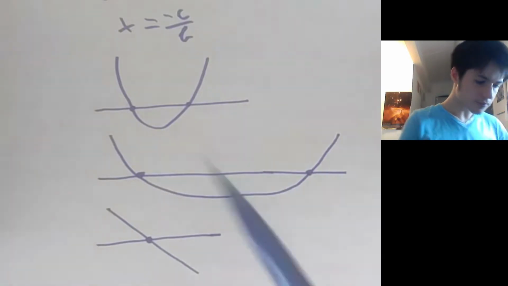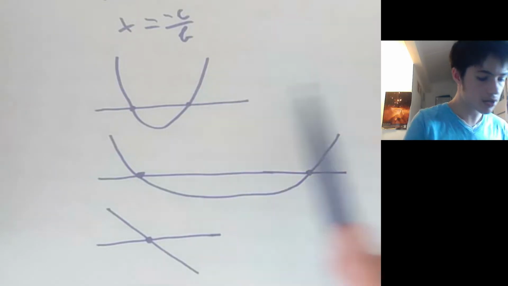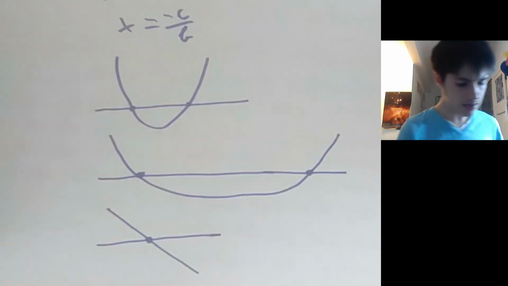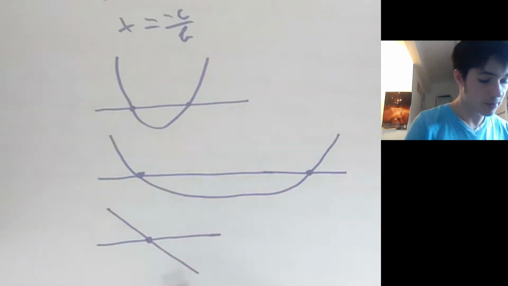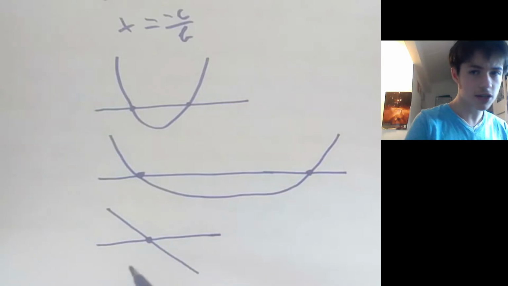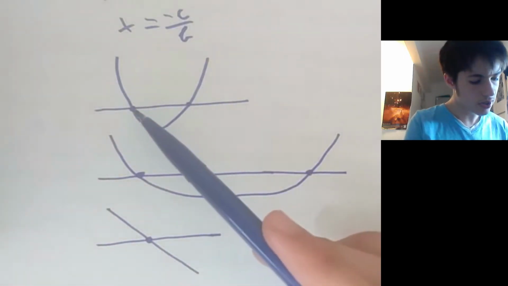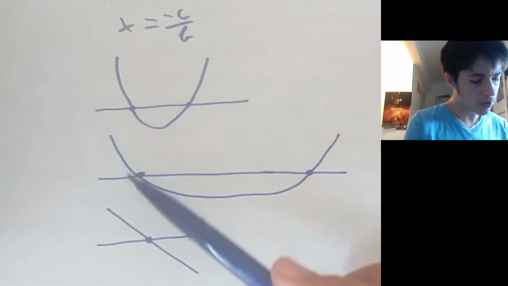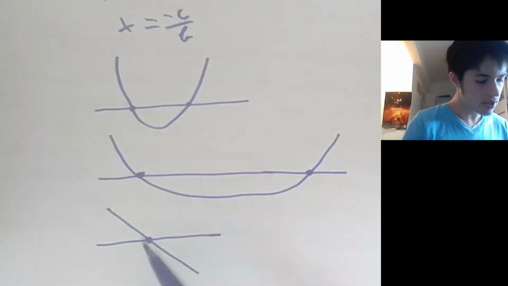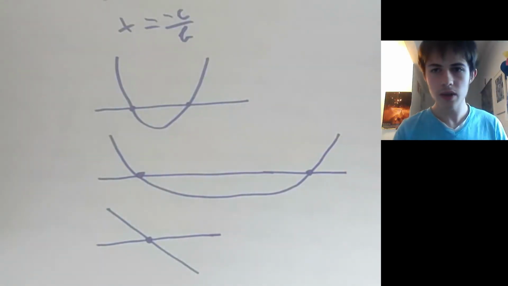So it looks like one of these zeros is somehow tending towards infinity, and it's not actually present when a equals 0. And the other solution kind of stays at the same spot. So it looks like this point is actually the limit of all these points.